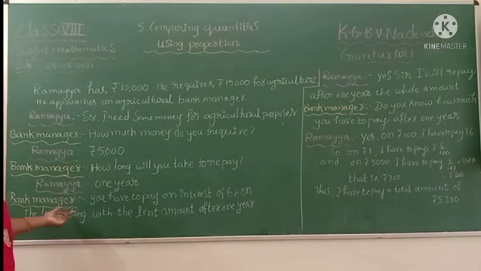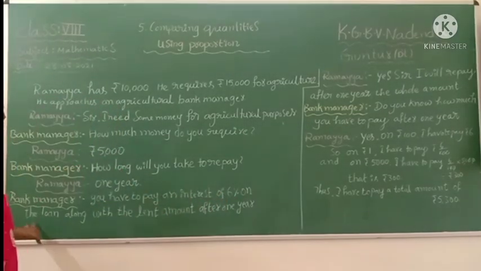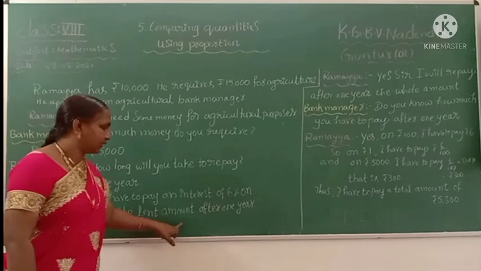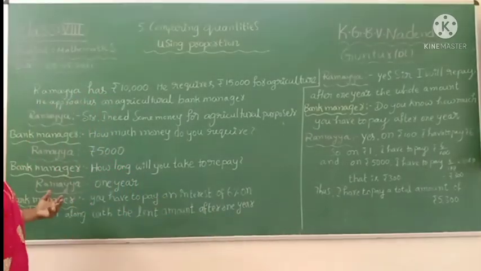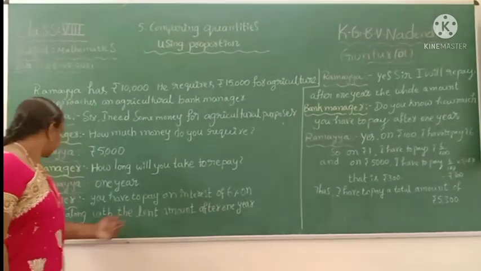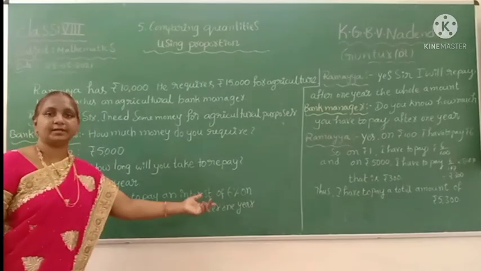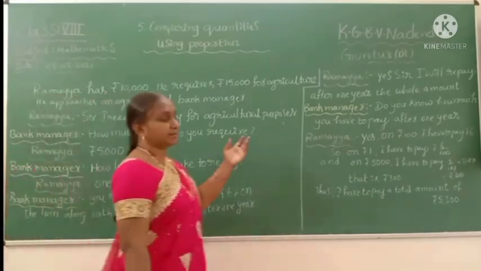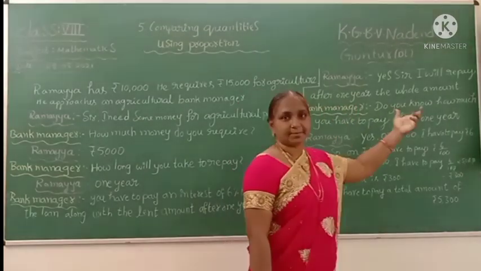Bank manager: "You have to pay an interest of 6% on the loan along with the lent amount after 1 year." Ramaya said, "Yes sir, I will repay after 1 year the whole amount."